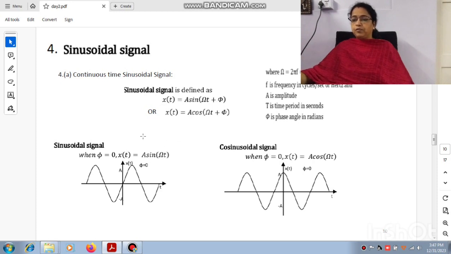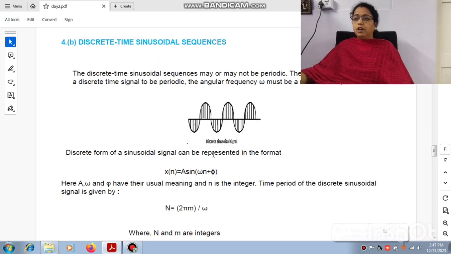So if we want to write the sinusoidal signal, we can write it in terms of sine or in terms of cos. Inside that, omega represents the frequency, and phi is the phase. The sketch of the signal is also provided here. So this is the discrete time sinusoidal signal.